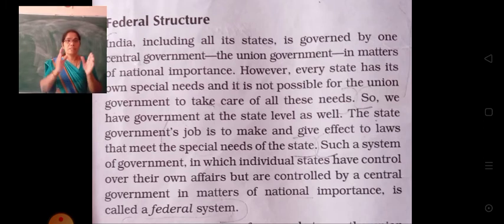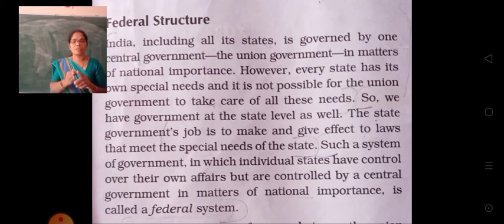The constitution contains three lists of subjects: the union list, the state list and the concurrent list.